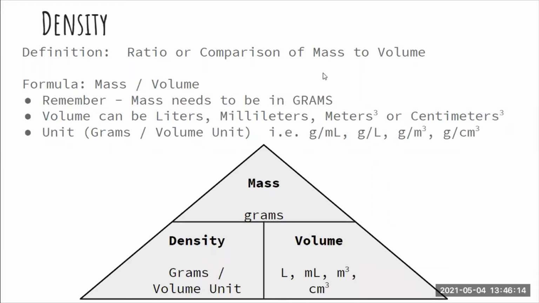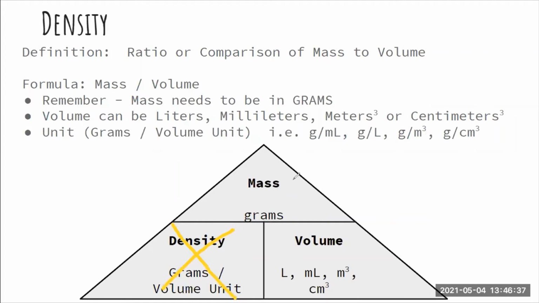But I have this handy dandy equation triangle, and if you can remember the equation triangle, then you really have every formula you need for density. How you work the equation triangle is you cover up what you're looking for. So if we're looking for density, we can cover up density. I'm going to put an X through it. And then your formula is left for you.